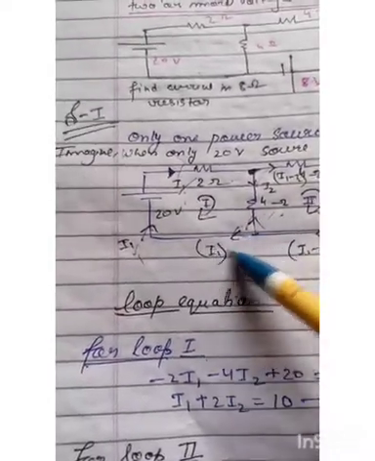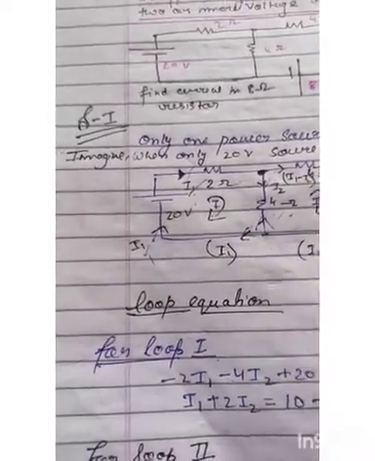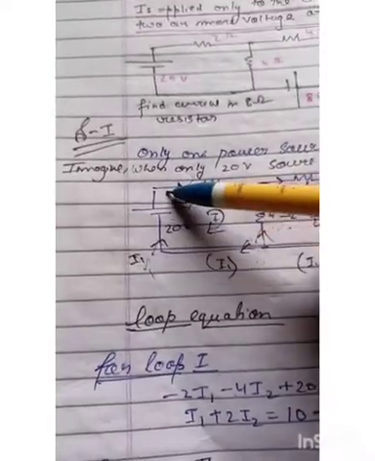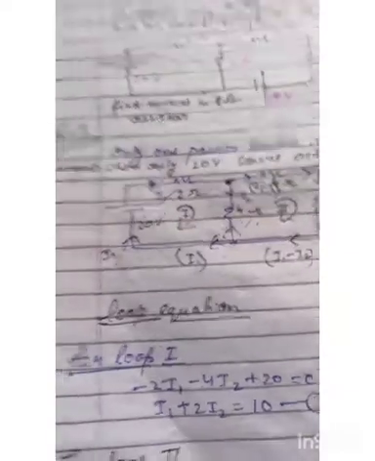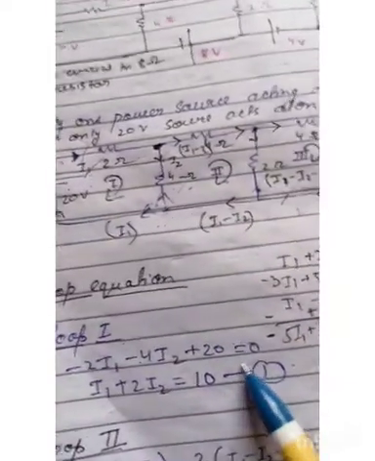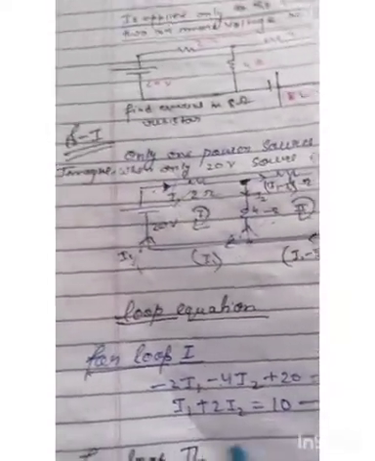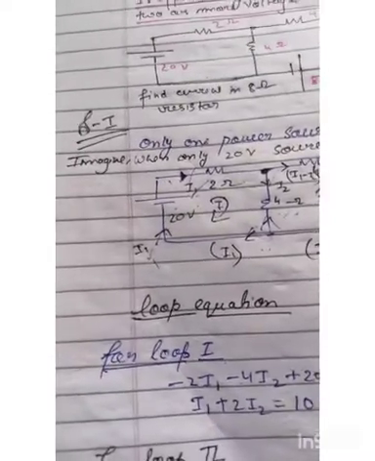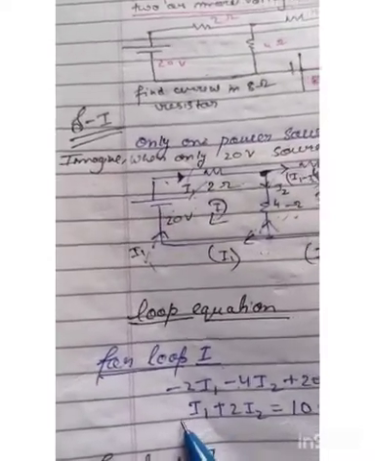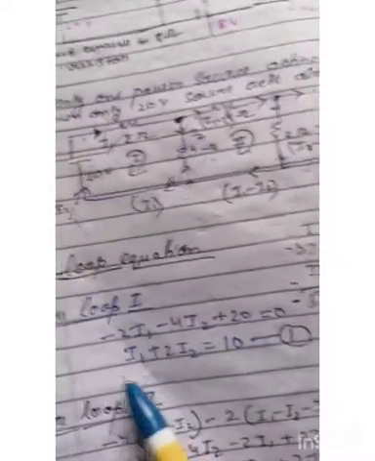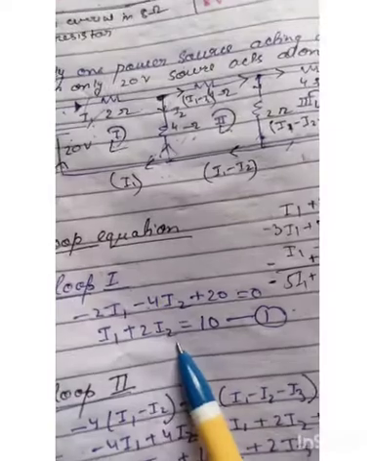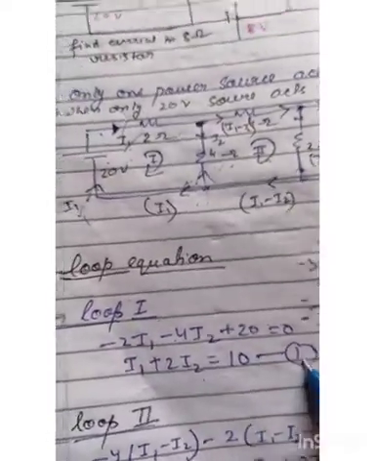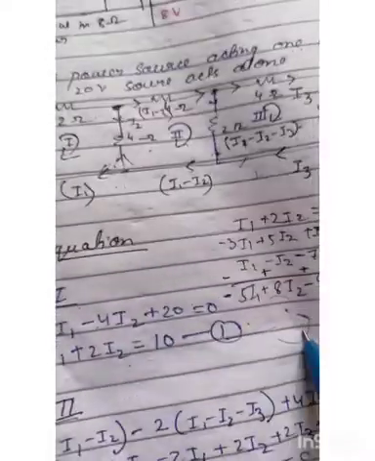Now here there is no resistance, here negative to positive, it means we use the positive sign. Then we write 20 volt equated to 0. After dividing it by minus 2, we get I1 plus 2I2 is equal to 10. We get our first equation and name it equation number 1.